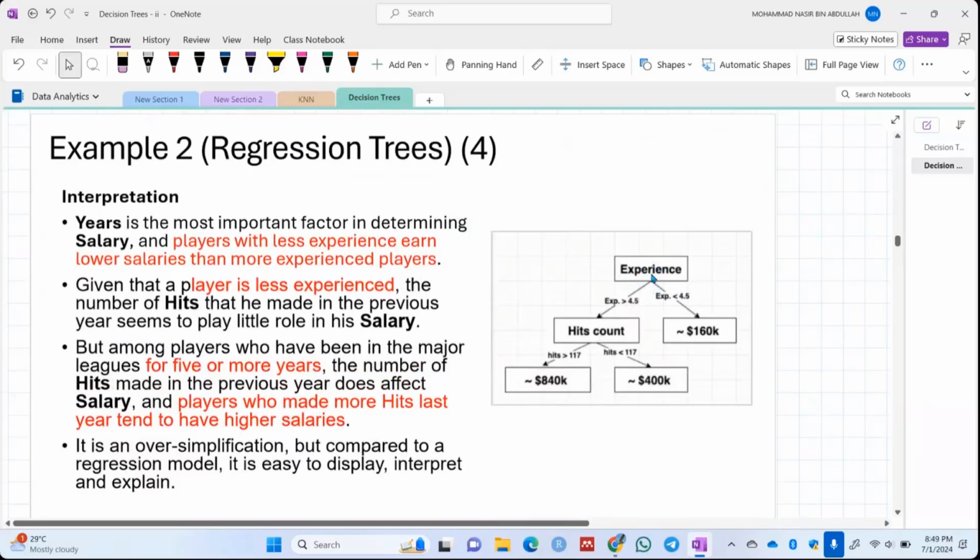If the player has less experience, less than 4.5, the salary should be 160,000. If they have more than 4.5 years, we will look at the hit count. If the hit count is less than 117, the salary should be 400,000.